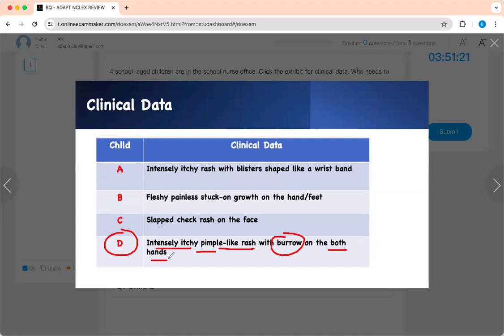You see some black dots on your hand and some burrows, like something is going through the skin. Can you figure it out? Start learning these things as you go through infection control, and be able to describe them, like measles and all those rashes. This is scabies, highly contagious. Contact precaution. You go home, number 4.